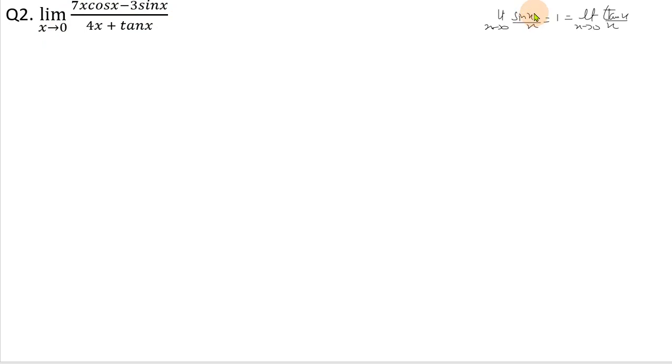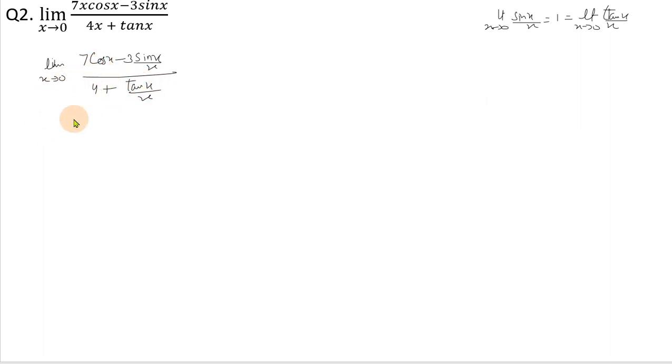So in order to make this form sin x upon x, we need to divide numerator and denominator by x. So we get limit x approaches 0 7 cos x minus 3 sin x upon x, dividing numerator and denominator by x. So now the question is reduced to the standard form.